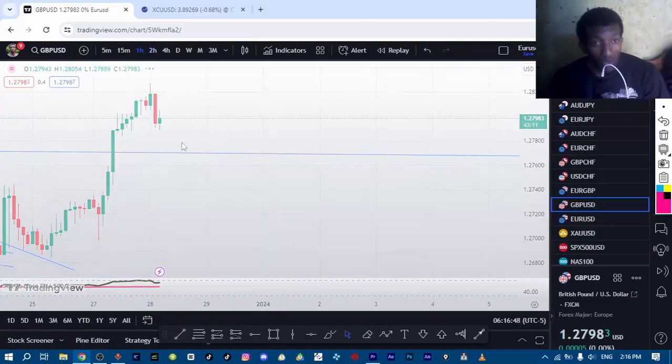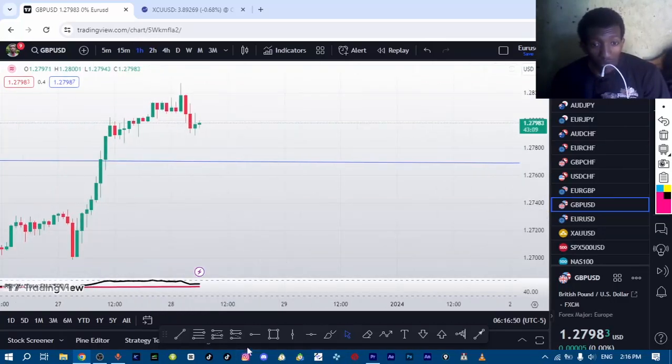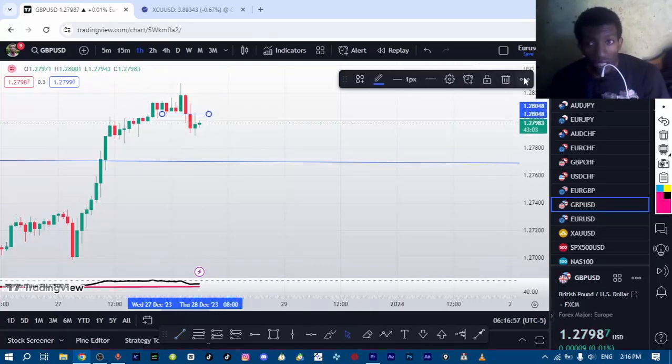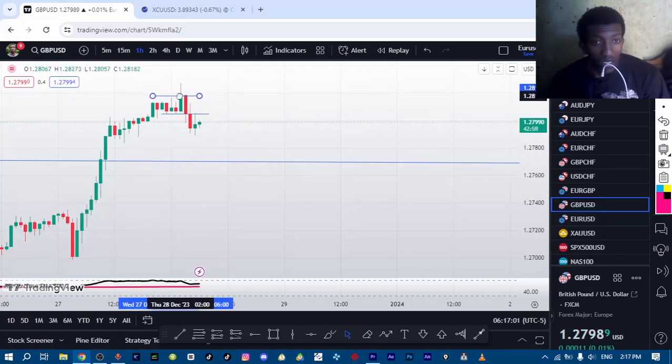If you go to the 1 hour, it would be cleaner. Just like this one, hold shift, put it there, clone this thing. You can put this one right down here and take this trade, this bullish movement.